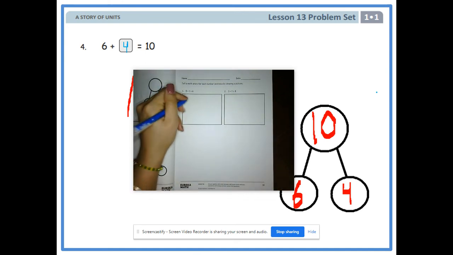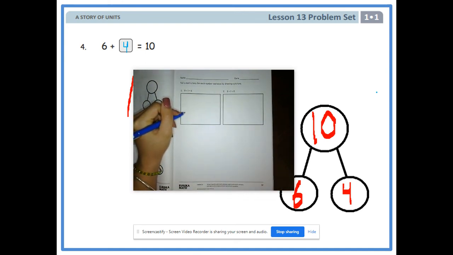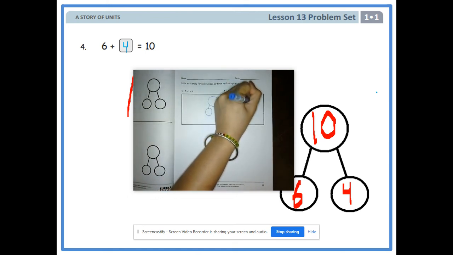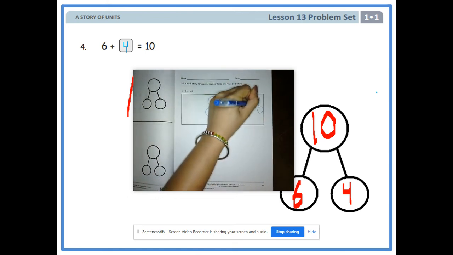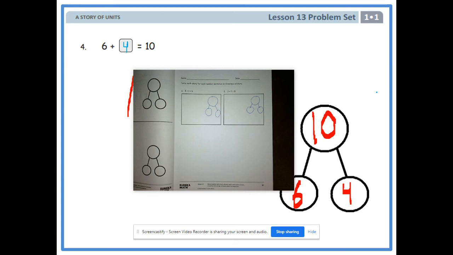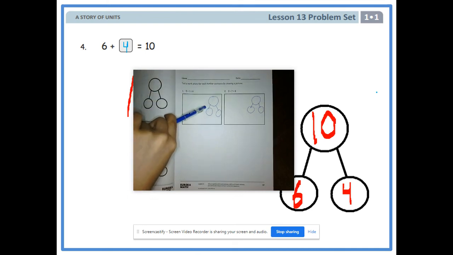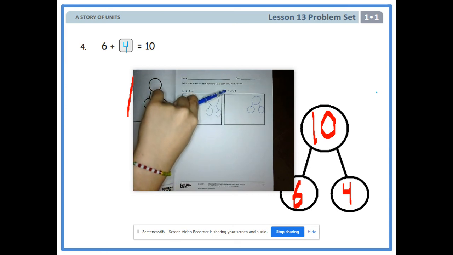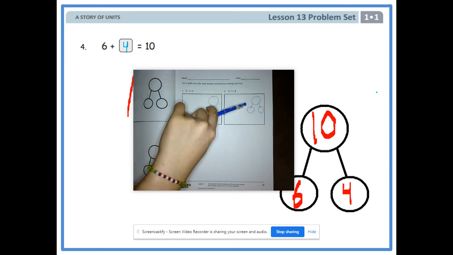So, you have to draw a picture, but I'm going to challenge you to make sure that you draw a picture and you draw a number bond. So go ahead and write in your number bonds. And this is what we want to see on your exit ticket. We want to see a picture that matches the number sentence, a number bond too. Same thing over here. We want to see a picture that matches a number sentence and a number bond.